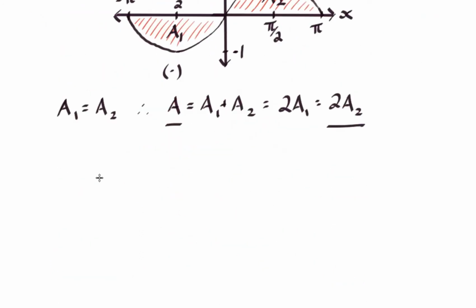Area 2 is the definite integral between 0 and pi of our function sine of x. When we integrate sine of x, what do we get?